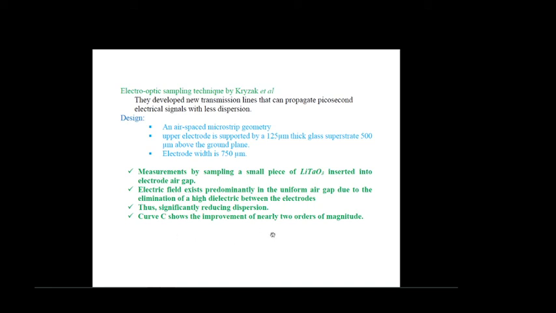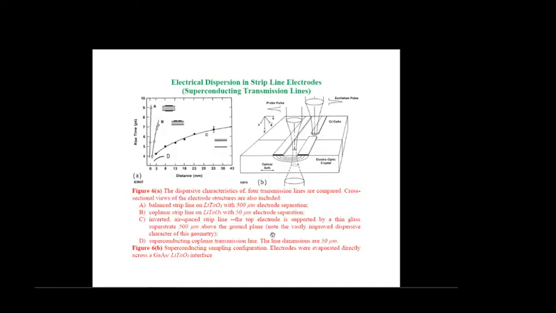Again, you see figure 6a. Here, curve C shows an improvement of nearly 2 orders of magnitude over the previous curves A and B. Curve D reports the superconducting transmission lines.